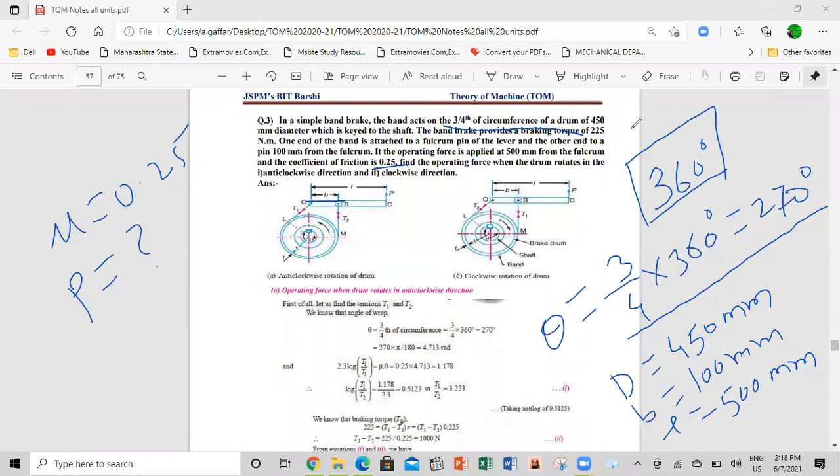The first condition is when the brake drum is rotating anti-clockwise, and the second is when it is rotating clockwise. In both conditions we have to find how much operating force is required to apply the braking action in the simple band brake. So you got all the given data from the problem.